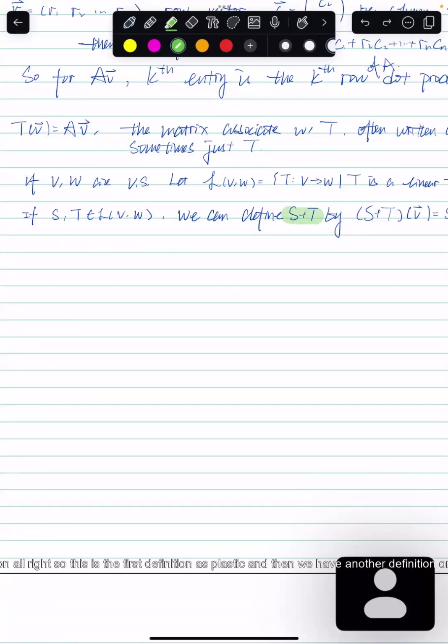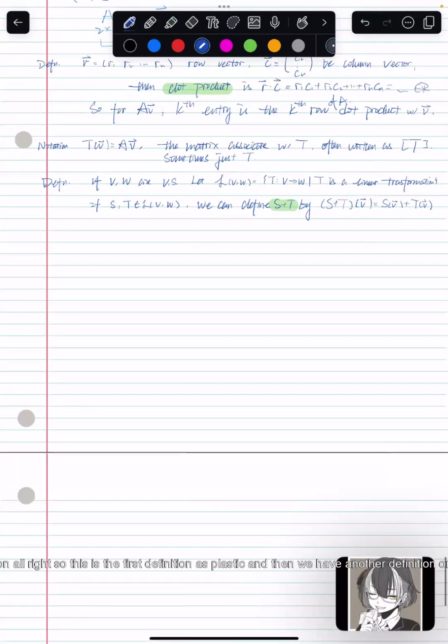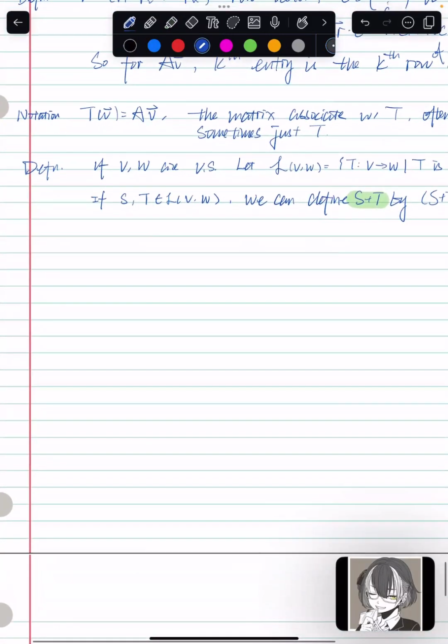And then we have another definition on the scalar multiplication.